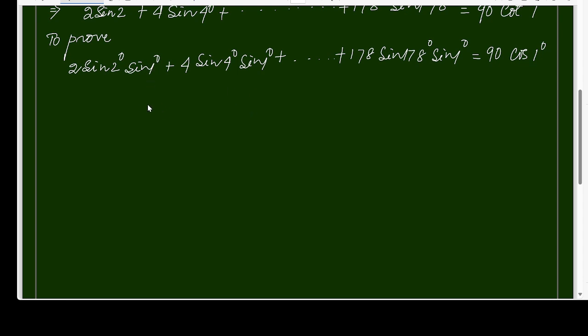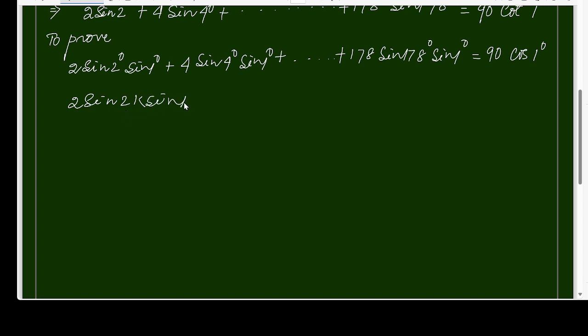So next, the critical thinking. Here I'll apply a formula because I am taking the nth term. Suppose this is the kth term, that will be 2 times of sine 2k into sine 1.